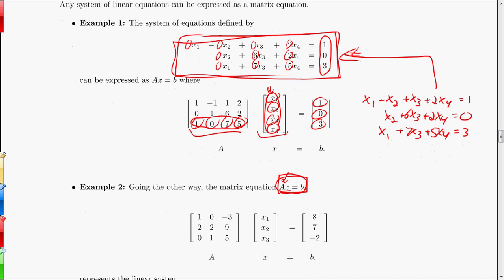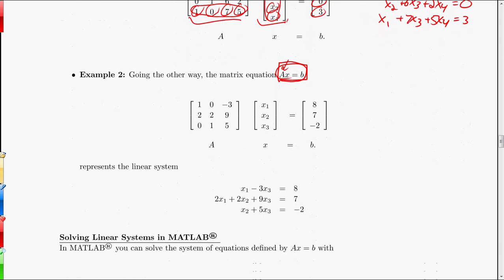Right? And then you go the other way around. Suppose you have a matrix equation that looks like this, where this is the coefficient matrix, these are the unknowns, and these are the right-hand sides. That's just AX equals B. It does represent a system of equations where you have 1 times x1 plus 0 times x2 plus negative 3 times x3 equals 8.